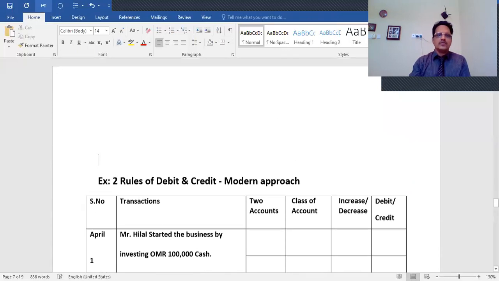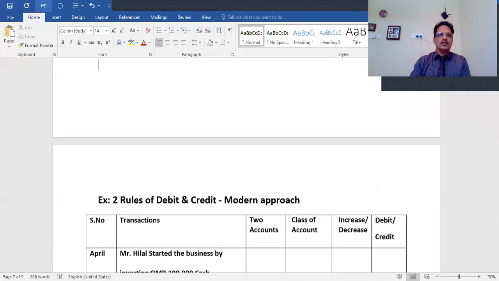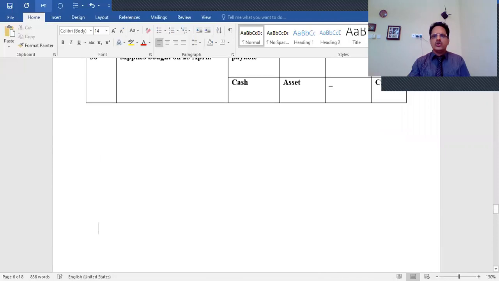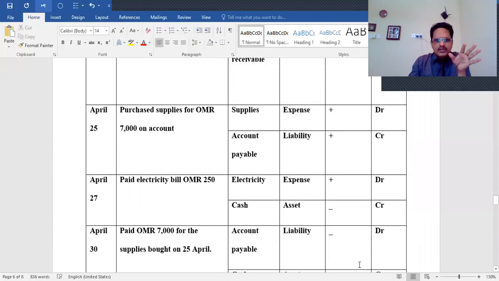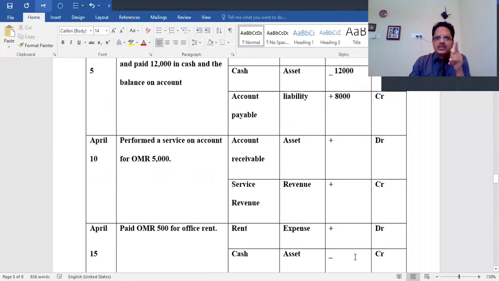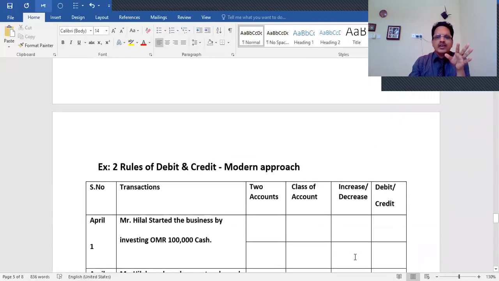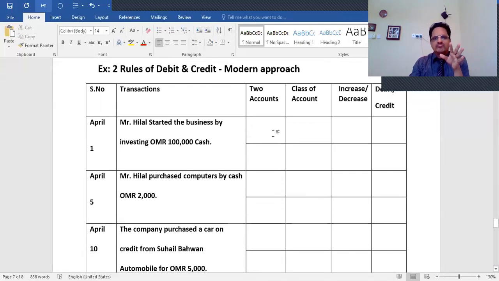The next set of transactions is a little more confusing. There may be chances of confusion, but try to understand it very clearly. This is also a normal transaction, but there are three accounts. Some transactions you have to think about well, but try to go through this 2-3 times. You watch and observe.